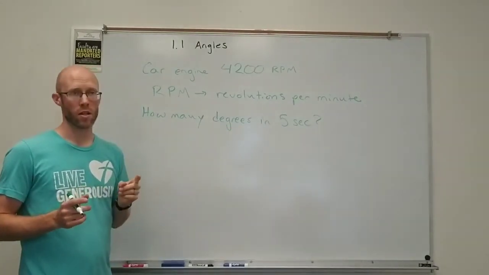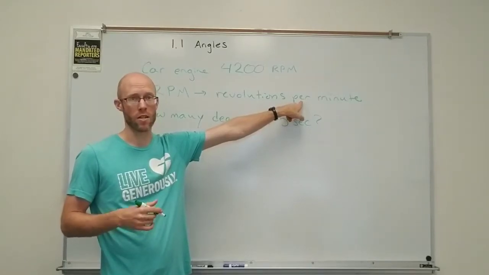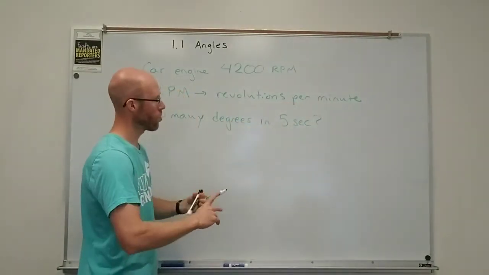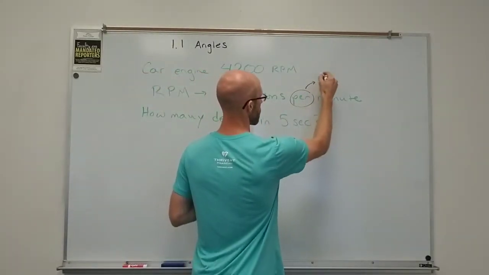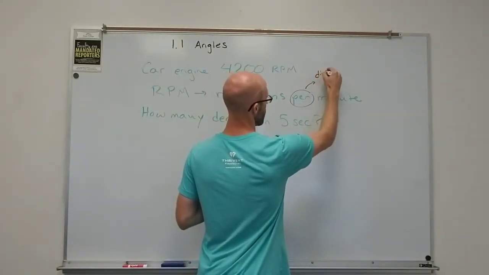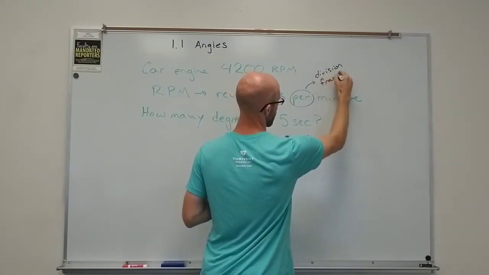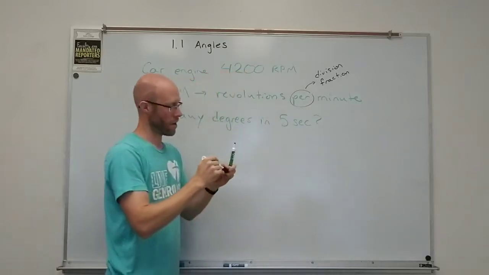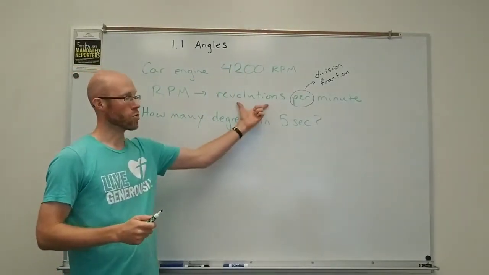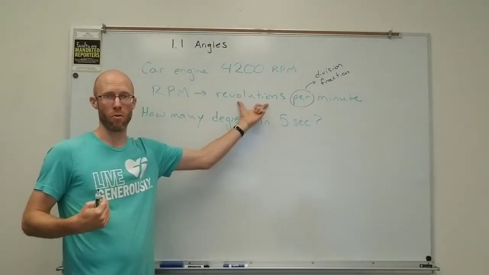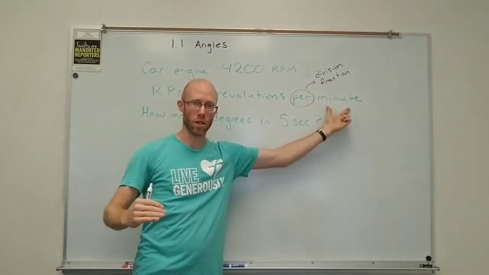The first thing to keep in mind is when you see the word per, that represents a division, or a fraction. As with any rate, the units that come first before the per are what goes on top of the fraction, and whatever comes after goes on the bottom.